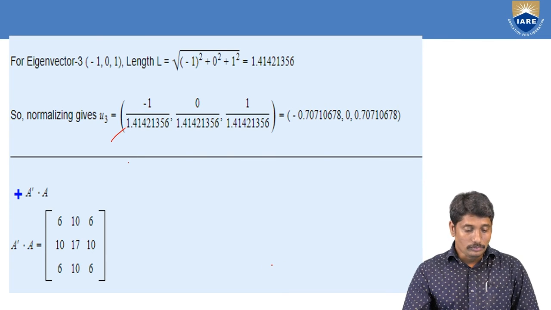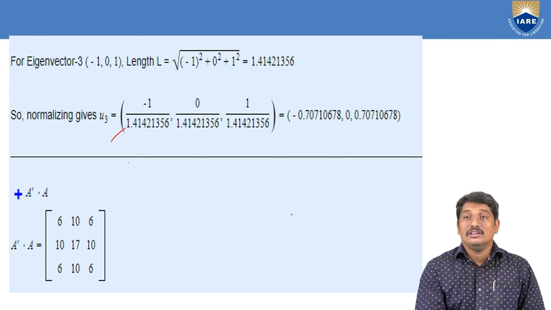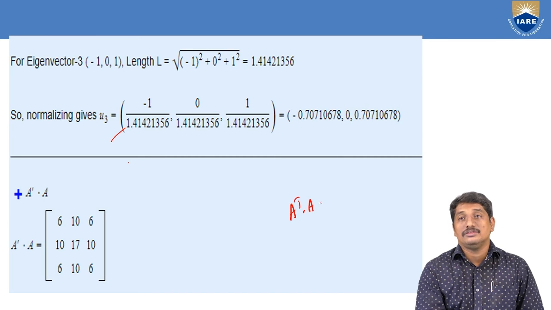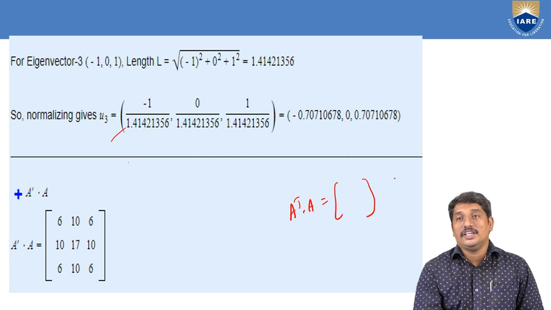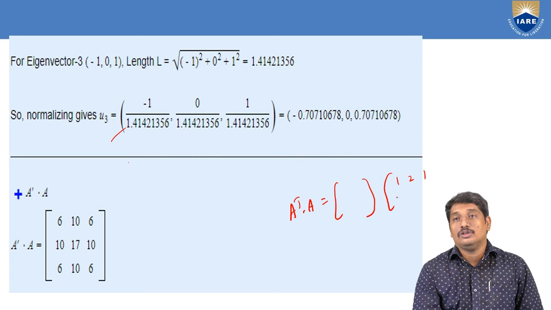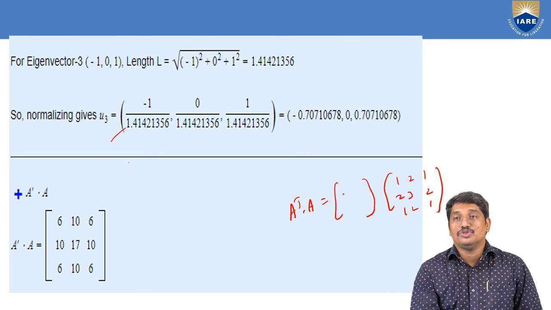Now we are considering A transpose into A, where A is 1 2 1 2 3 2 1 2 1. Its transpose is 1 2 1 2 3 2 1 2 1.